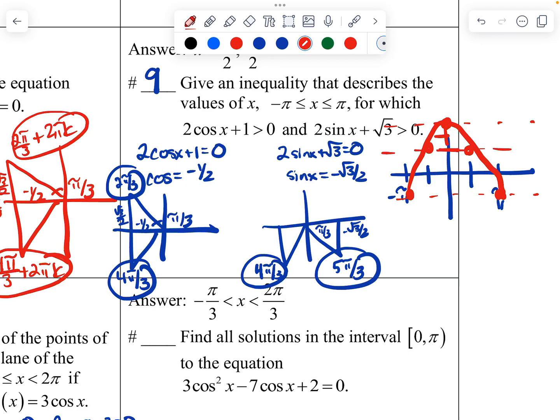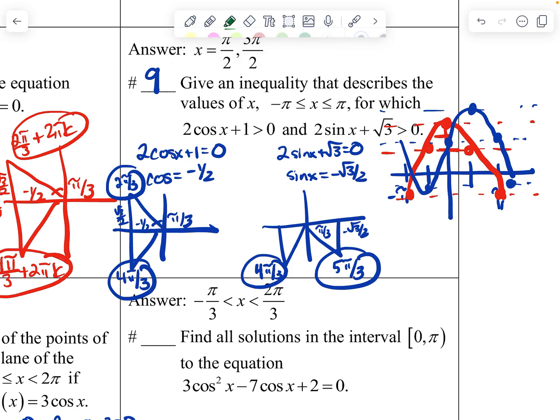Our sine moved up root 3 over 2, so that's kind of a little bit above 1, and then up 2 and down 2. But sine starts in the middle, high, middle, low, low, middle. And we want to know where they're both greater than 0. So they're both above 0 here, above 0 to right here. So what is that value when it crosses?